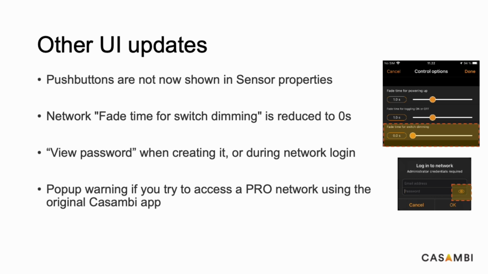Casambi Pro and the original Casambi app are actually two totally separate types of software for two different applications, but you can get certain access from the original Casambi app to a Casambi Pro network. But if you then do go through various other steps to get in using the original app and make changes in the Pro network, you won't then be able to make any future changes offline using the Casambi Pro software.